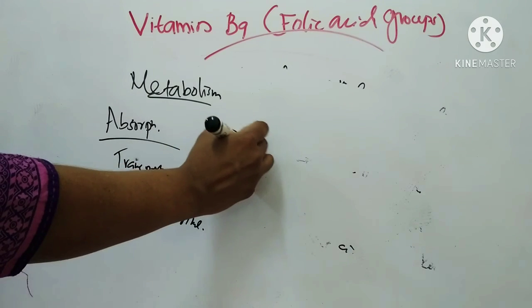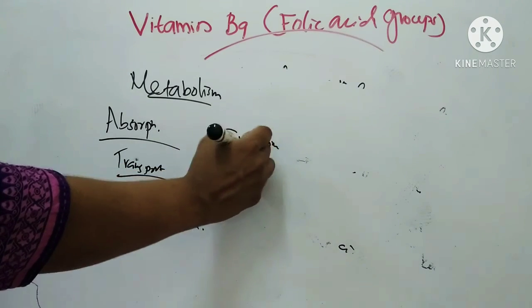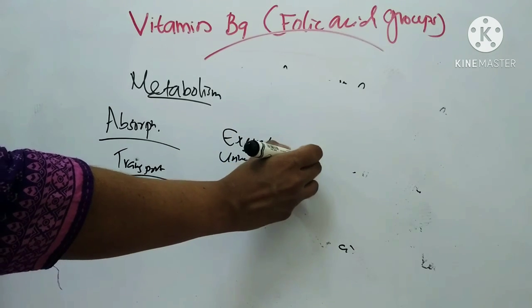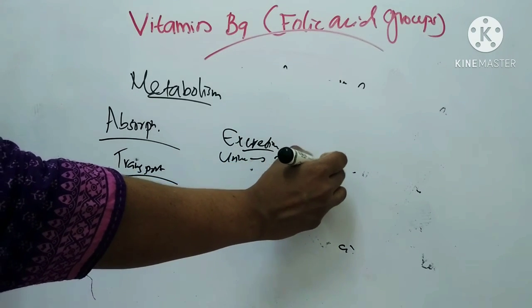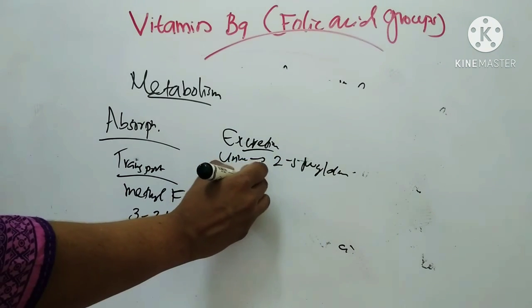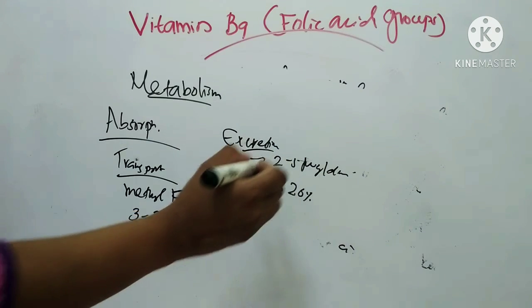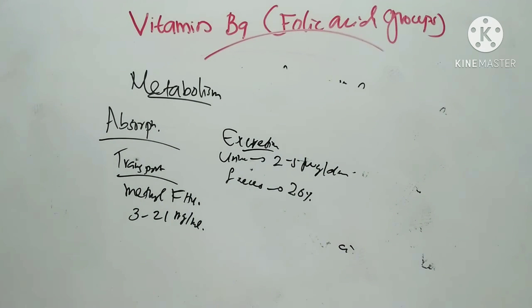Coming to excretion, in urine it is about 2 to 5 μg per day. In feces it is 20%, which is the 20% of the ingested folates that remains unabsorbed.